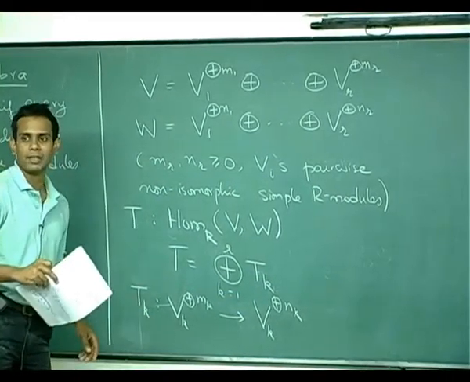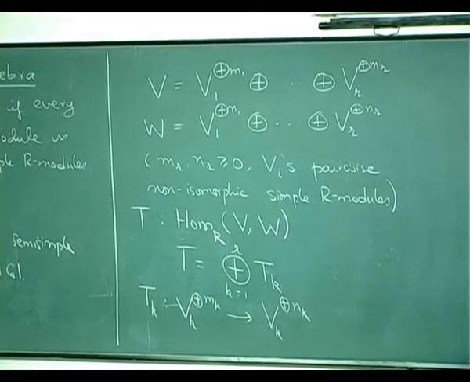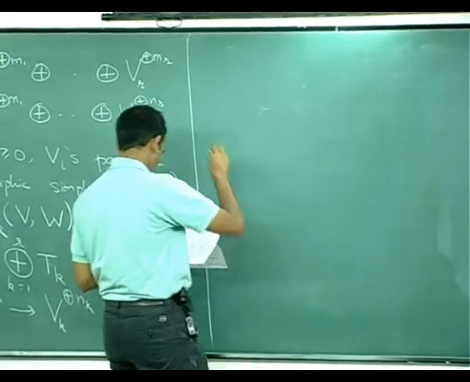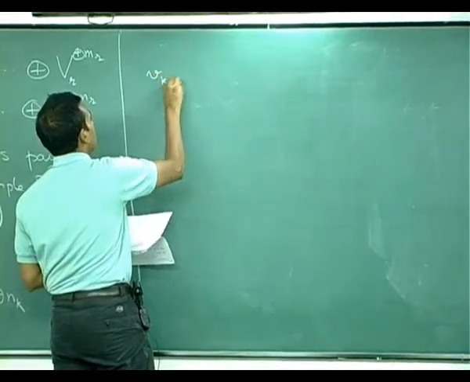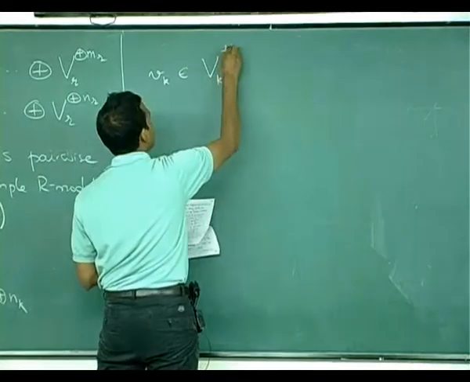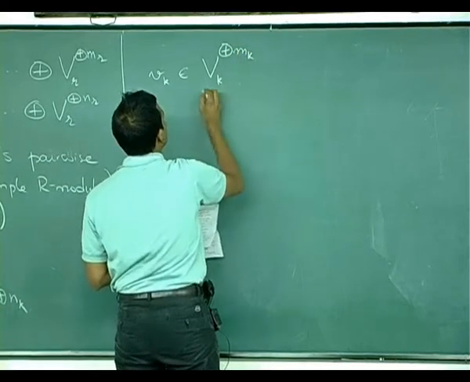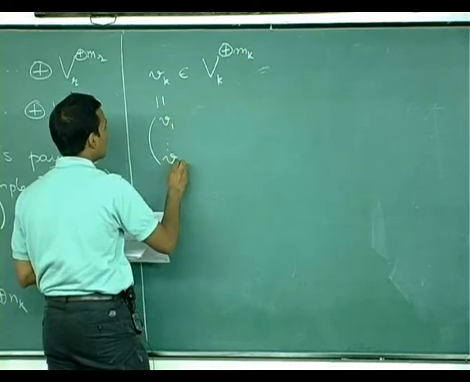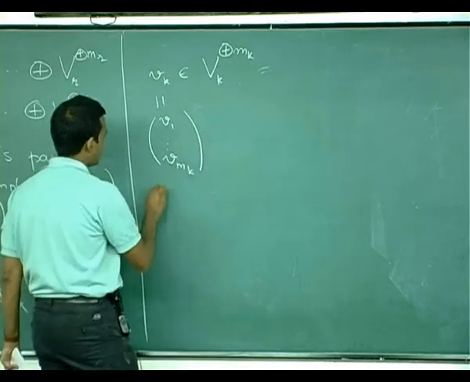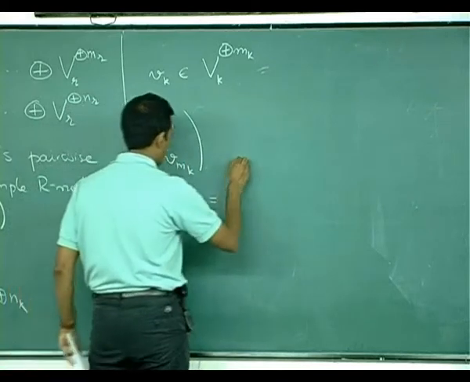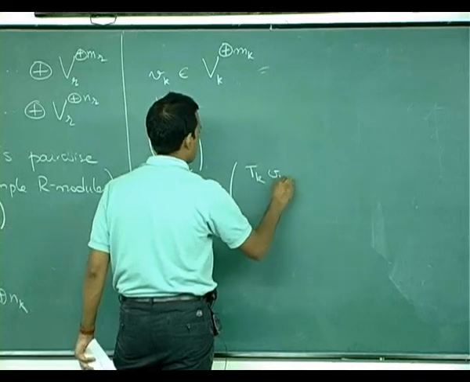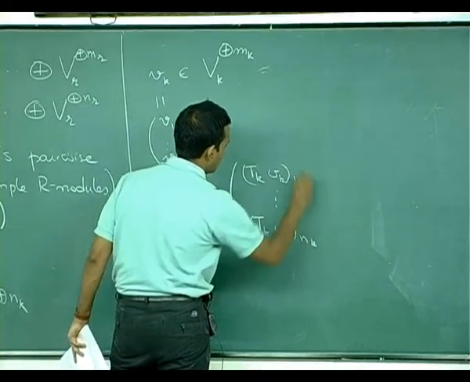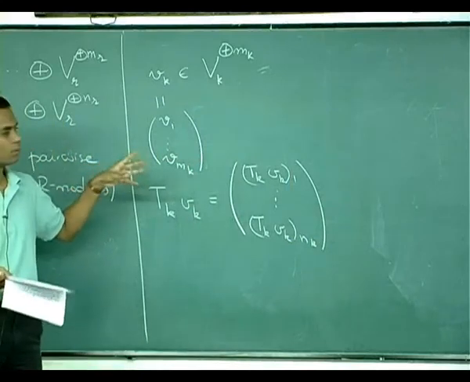And this Tk itself I can write as a matrix. So if I write an element of Vk direct sum Mk as a column vector v1 up to v_Mk, and suppose I write Tk applied to it as Tk(v) with entries up to the Nk-th, then using this column vector notation, I can think of Tk itself as a matrix.